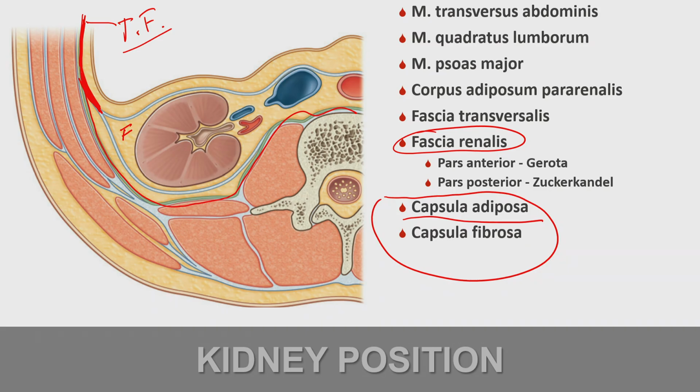Then we have the second one. The second one is called the capsula fibrosa, dense fibrous tissue covering the renal parenchyma outside and also entering the inner surface of the renal sinus. This space inside is called the sinus, a non-empty space filled by fatty tissue, connective tissue, renal veins, arteries, and also the pelvis.